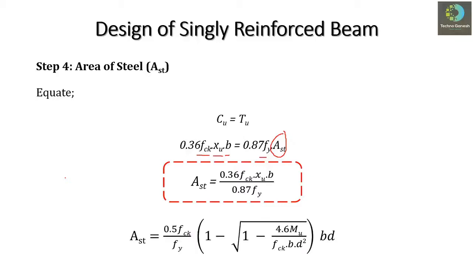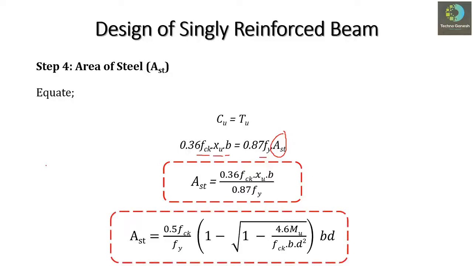That relation is Ast equals 0.5 fck upon fy into bracket 1 minus under root 1 minus 4.6 Mu upon fck bd square, bracket complete, b into d. This formula we can use for under-reinforced sections to find out the area of tensile steel.